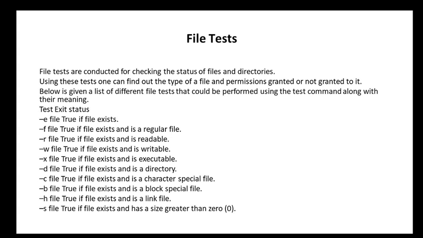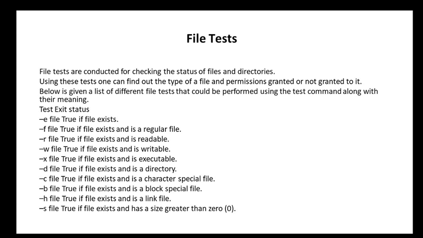Below is the list of different file tests that can be performed using the test command, along with their meanings. The test exit status: E file is true if the file exists. F file is true if the file exists and is a regular file.